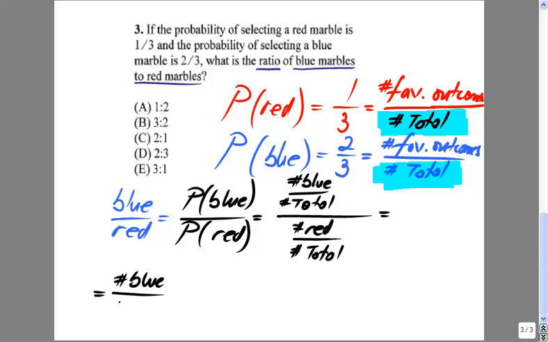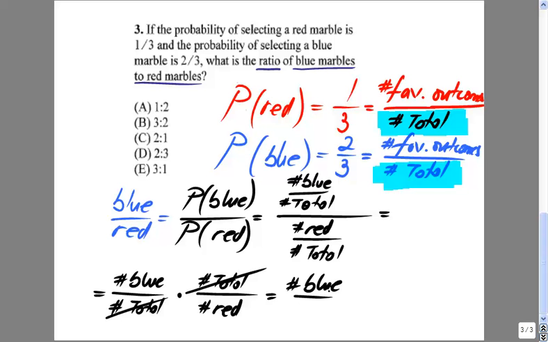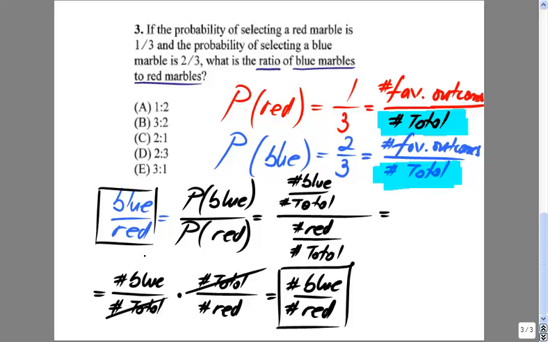Number of blue over the number of total marbles, multiply. You flip the second fraction, right? Will be the number of total marbles over the number of red marbles. Well, total number and total number is the same, so you end up with what you're looking for, blue over red.